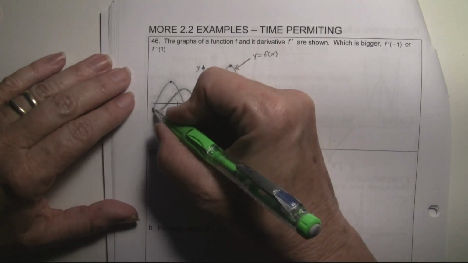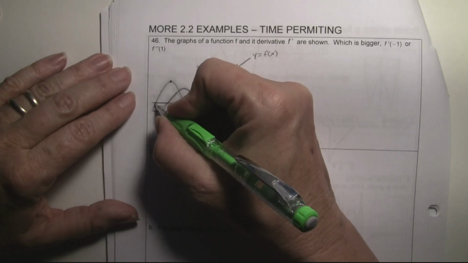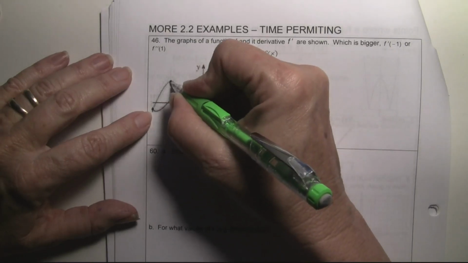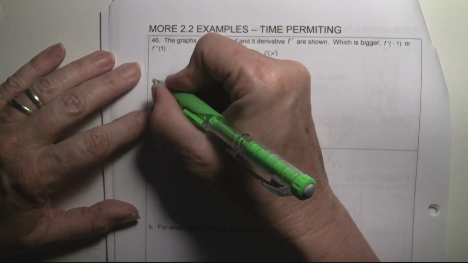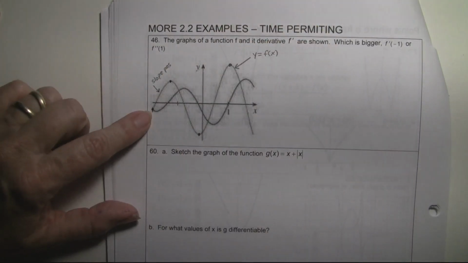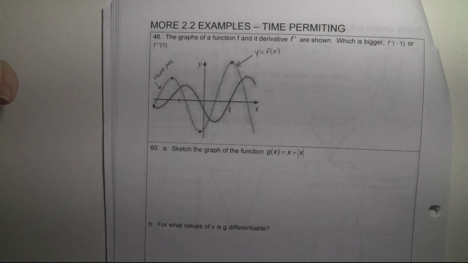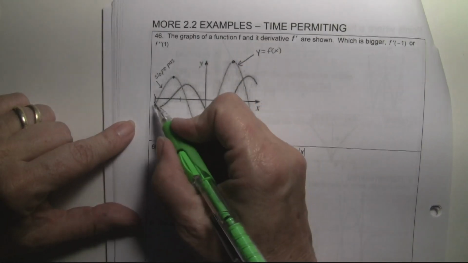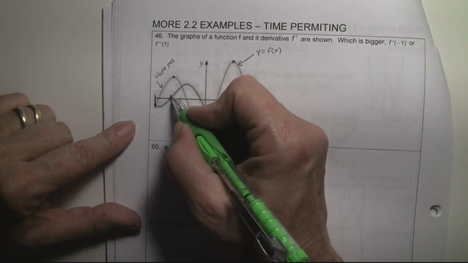Now this right here is going uphill, which means the slope is positive. So all the way from here, all the way to here, because it's going uphill, the slope is positive. That would mean that the other curve, if it was a graph of its derivative, would have to be from right here all the way to here above the x-axis.